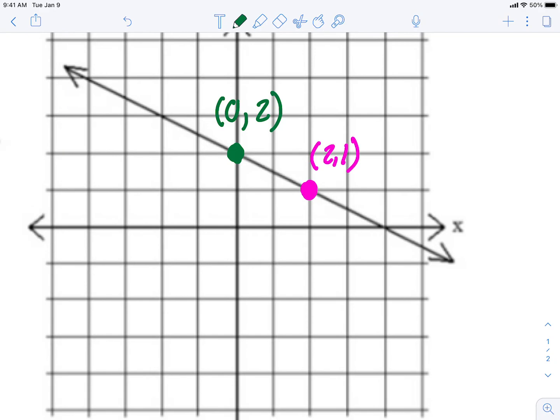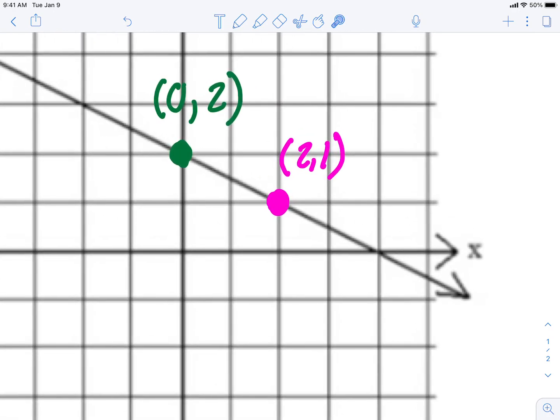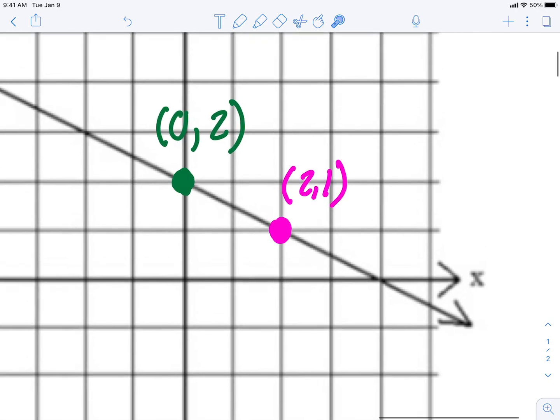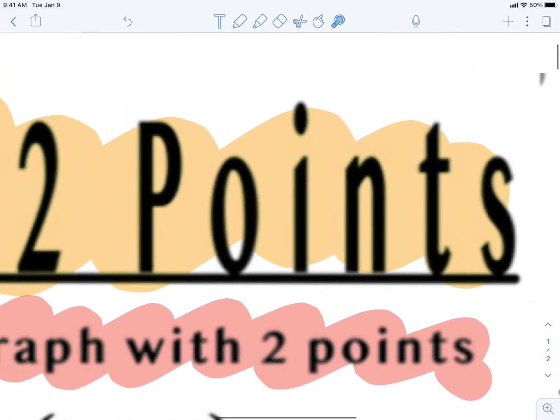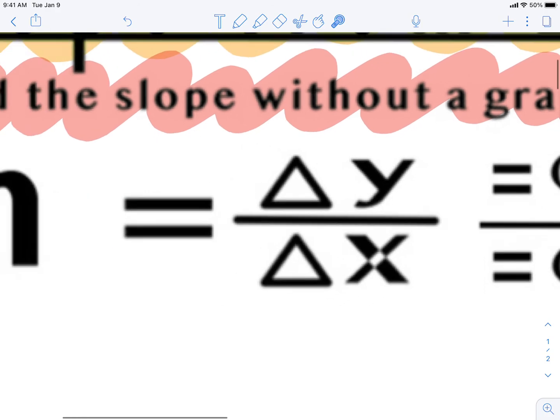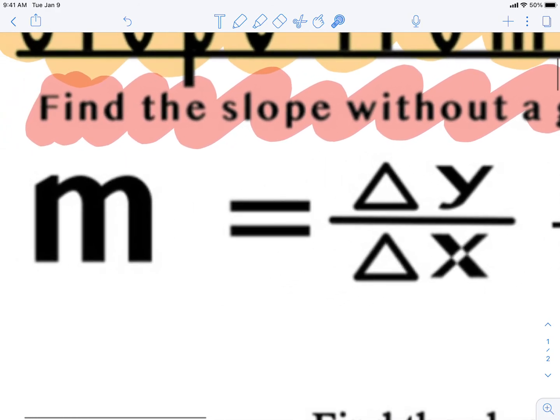We remembered that we're going to get from green to pink. I remember that my slope was delta y over delta x. Slope is equal to delta y, which is up or down, over delta x, which is left and right.